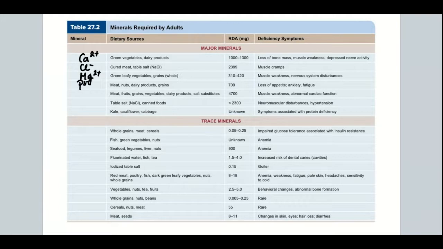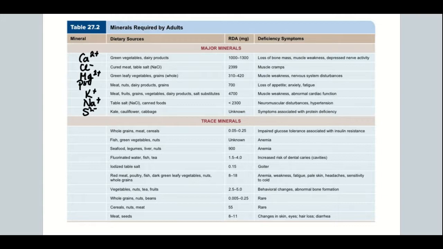And then we have potassium, sodium, and sulfur. Potassium is K plus, sodium is Na plus, and sulfur is S2 minus. I'm just abbreviating. You don't have to know the symbol of it, just know the name of it. Okay, so these are our major minerals.